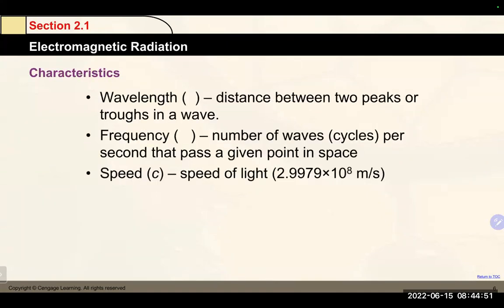So here are our characteristics, which apparently the boxes got lost. Again, that is lambda in there. That is the nu. And as I mentioned, that is the distance between them. And here's an equation that's an important one that you need to know. That is c, which is the speed of light. Some people like to use the big number, and I think even in your lab manual they use it. Personally, I go with 3 times 10 to the 8 meters per second.